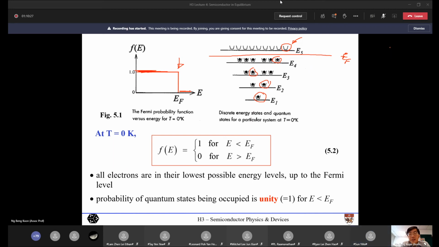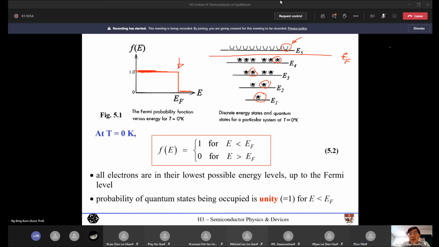It will be different in different situations. In this particular consideration, take note that the condition is that the temperature is 0 Kelvin. In fact, if it's not 0 Kelvin, this EF will change. Oh, so it will go up. So the EF is not a constant. Yes, it depends on the system and the temperature and all these things. It's just the energy level, is it?